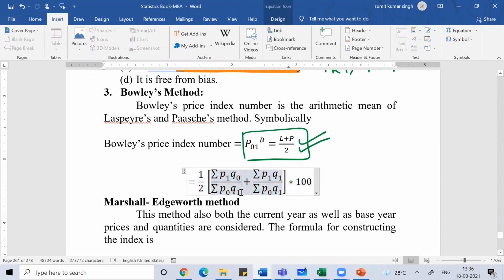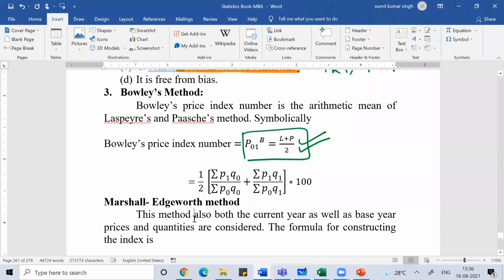This is the sum of P naught Q naught. Clear, everyone? Whenever you are solving a problem on index number, you just need to find Laspeyres and Paasche. If you do the arithmetic mean, it is the Drobisch-Bowley method. If you do the geometric mean, then it is the Fisher ideal index number method.